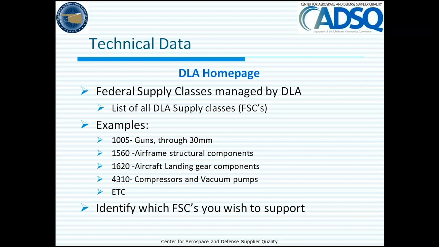When the Air Force or the Navy repairs an airplane, they need parts to repair it, and they will order the parts through DLA, and DLA will then put the solicitation online. So the key point here is that you need to decide for your company which FSCs you wish to support, and then you will search by those FSCs.